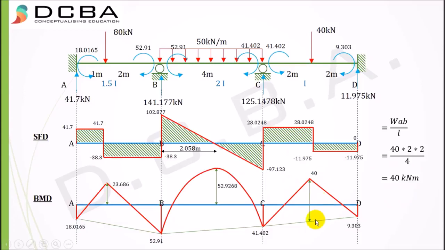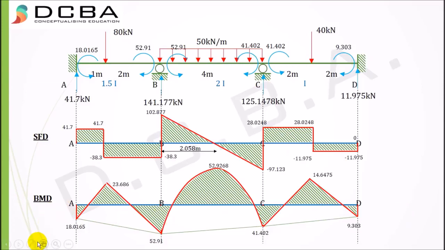Again this value has an ordinate from the line joining these points, so we'll have to subtract this ordinate from there, which I get as 25.3525. Thus actual moment is 40 minus 25.3525 is equal to 14.6475, and this is my final bending moment diagram for this particular sum.